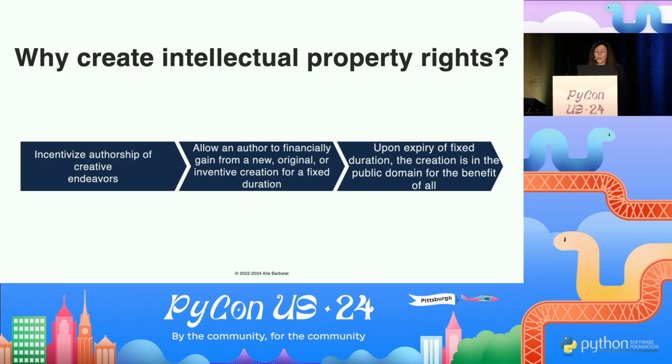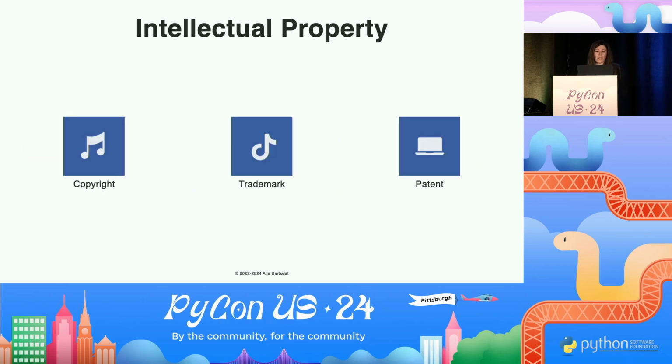Now that we know why we have intellectual property rights, let's talk about some of the areas they cover. There's three primary areas: copyright, trademark, and patent. Copyright would work for creations such as literary works and other artistic expressions, including audio visual expressions.